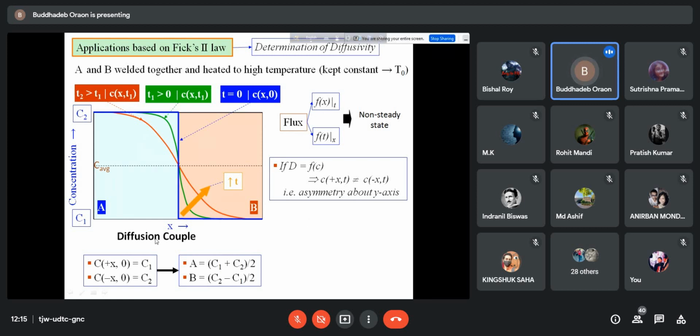And other points are known to us because this concentration C1 and C2 is known to us. So putting the boundary conditions, again we can find out what is the value of A and B, and that equation is known to us. So we can find out the value of D, diffusivity. So this is how we can find out this important parameter.